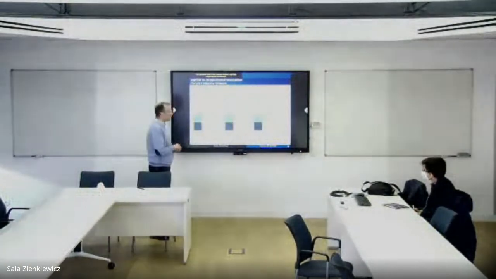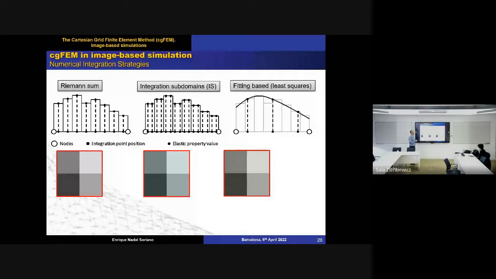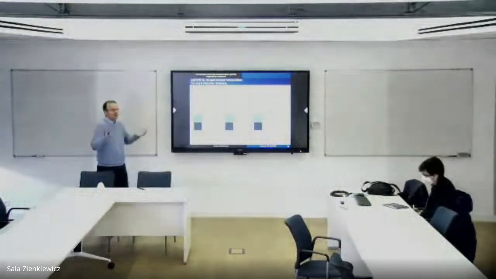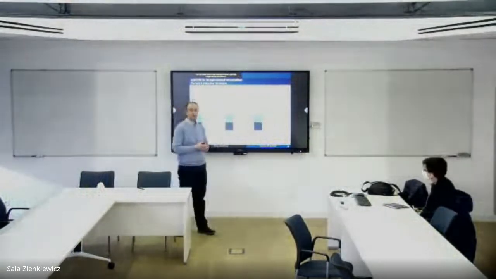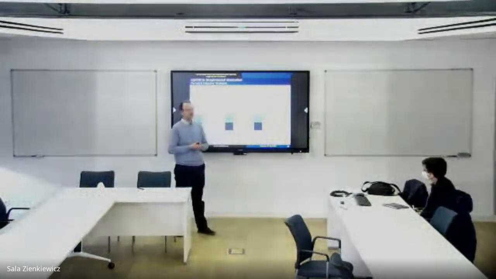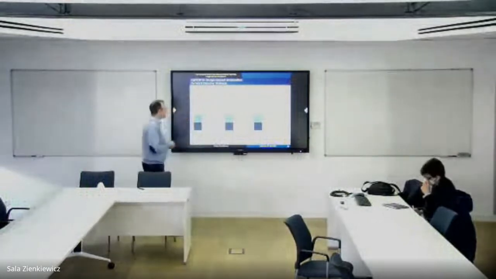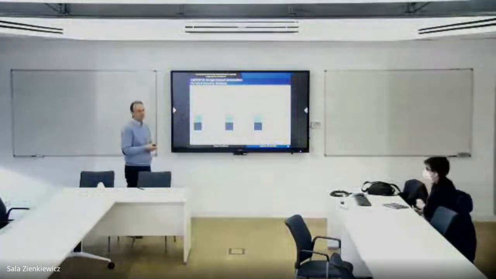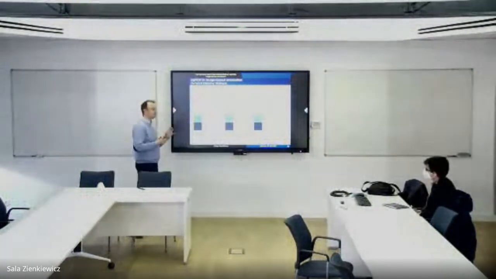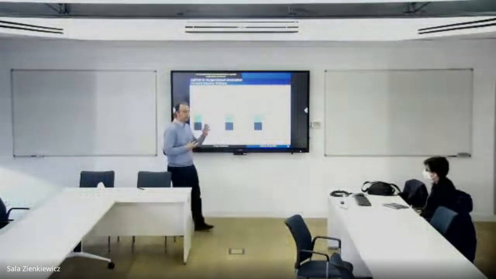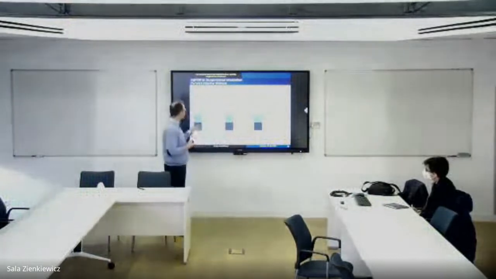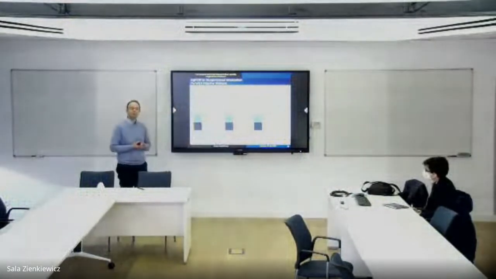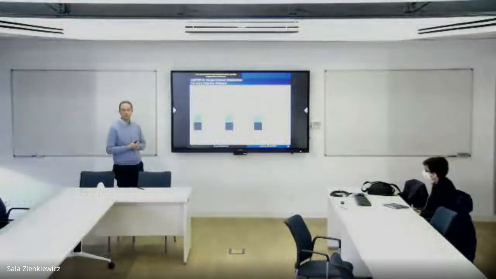Well, we tried several procedures to integrate these elements. One idea is to put one integration point into each voxel belonging to the element. But of course, when I reduce the number of voxels because I generate smaller elements, since the voxel mesh is constant, I end up with very few integration points.